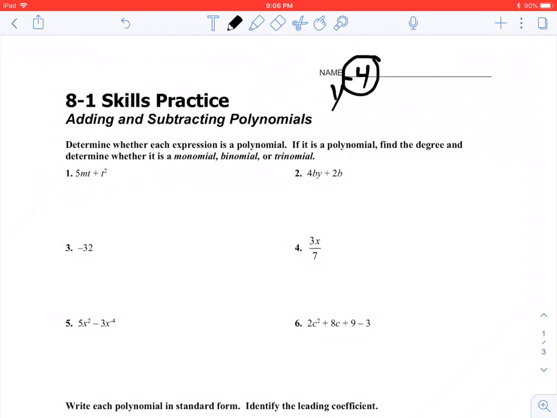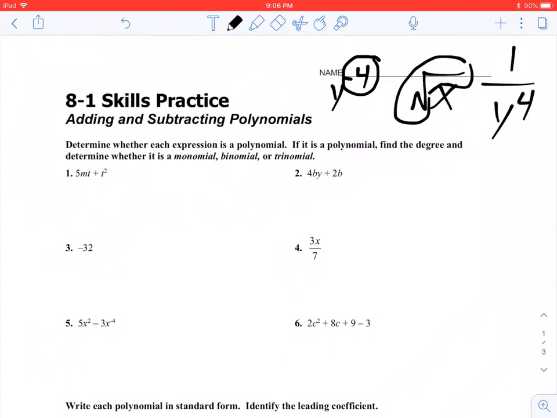Another thing that would exclude something from being a polynomial is if you have any square roots. Any square roots, any negative powers, anytime you have a variable down on the bottom, which hopefully you recognize is the same as this. All of these things that you see across here make these not a polynomial.